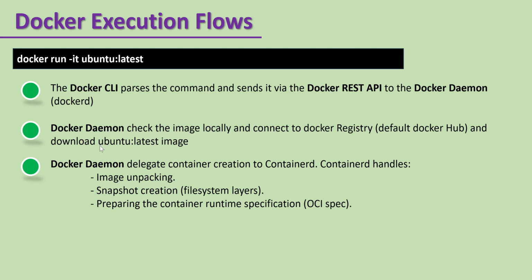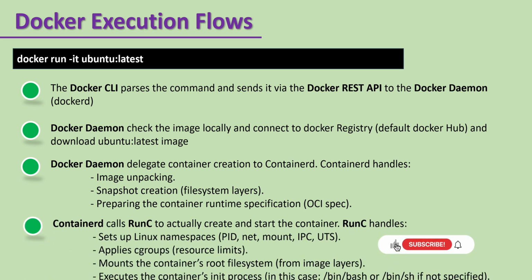Since we are using Ubuntu latest, it will unpack our image, and then it does snapshot creation, which is basically the file system layers, and prepares the container runtime specification, the OCI specification. And then containerd calls runc to actually create and start the container.